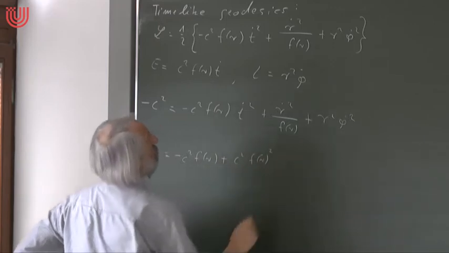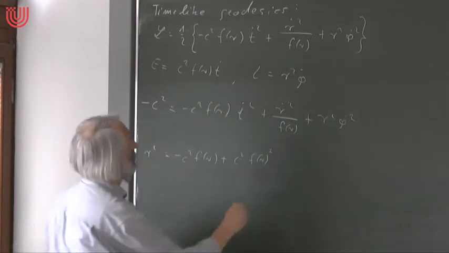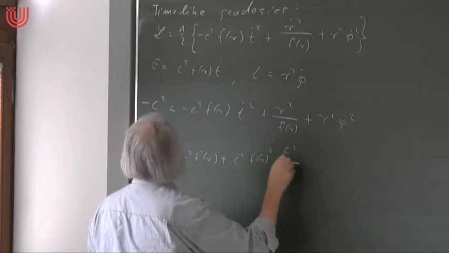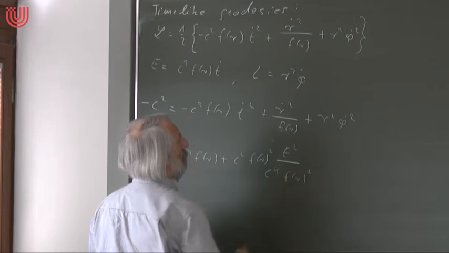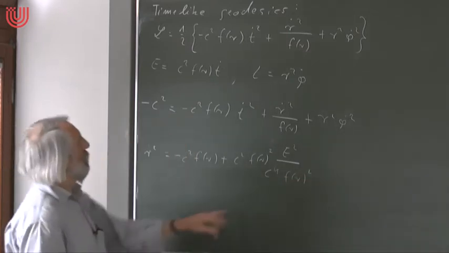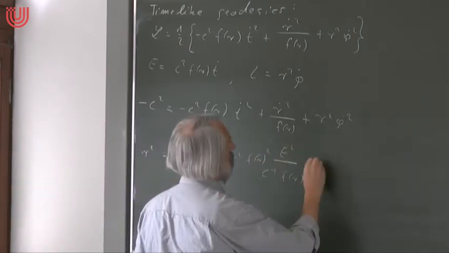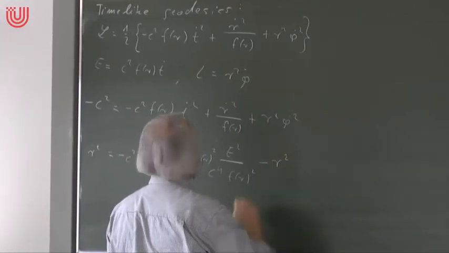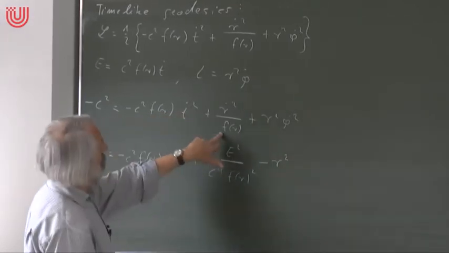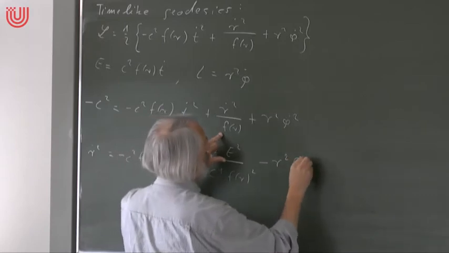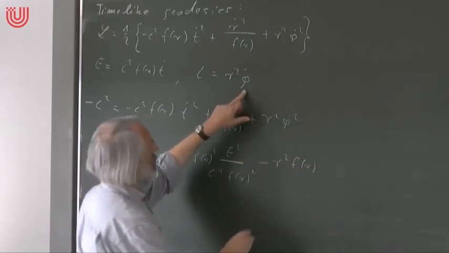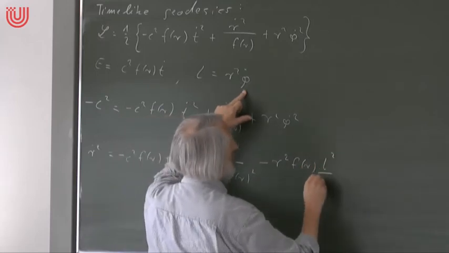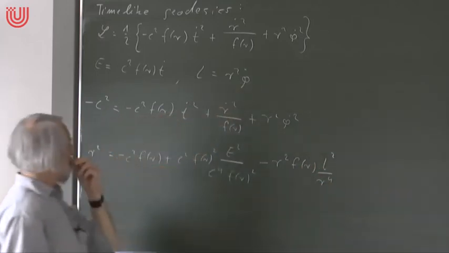And for t dot squared, I introduce this expression: t dot squared is E squared over c to the 4 f of r squared. And then I have this on the other side, so I have minus r squared, I multiply with this f of r, and then I have phi dot squared. Phi dot squared is L squared over r to the 4.